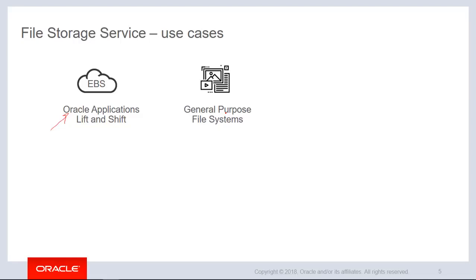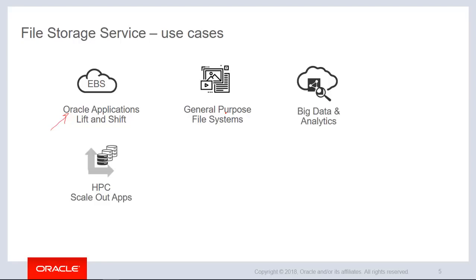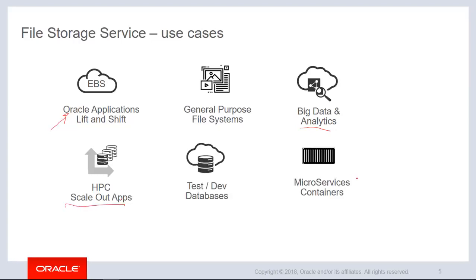If you are using any kind of general purpose file system in an on-prem environment today, you can use the OCI file storage service to replace those. You can use the file storage service for some of the newer workloads like big data analytics and HPC, and you can also use it for cloud native applications.